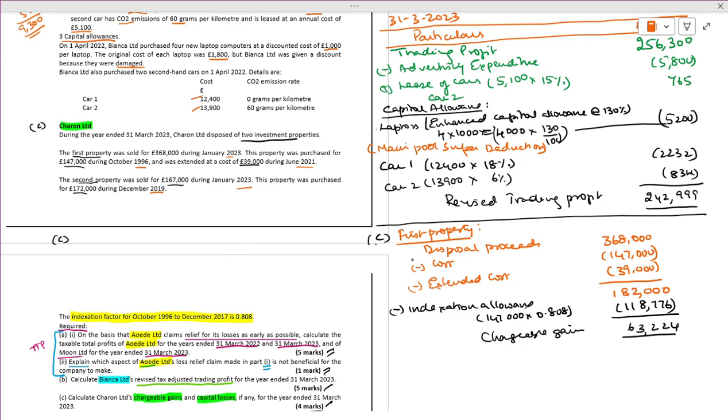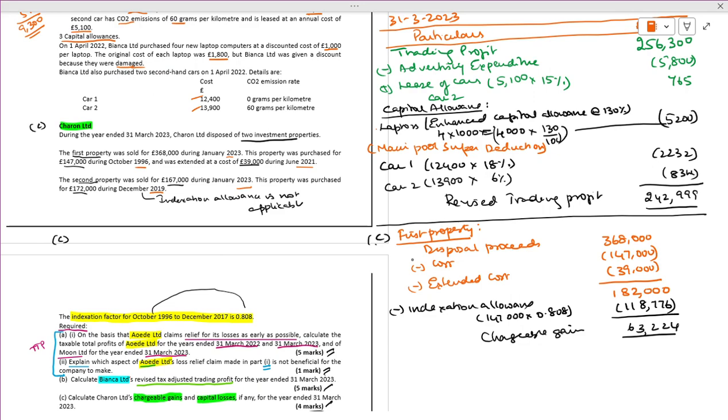See the indexation factor for October 1996 till December 2017. For the second property, indexation allowance is not applicable because of the date.